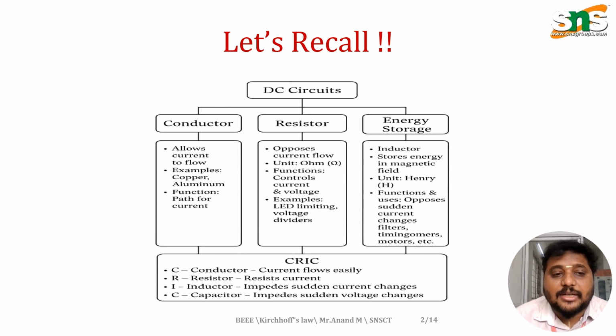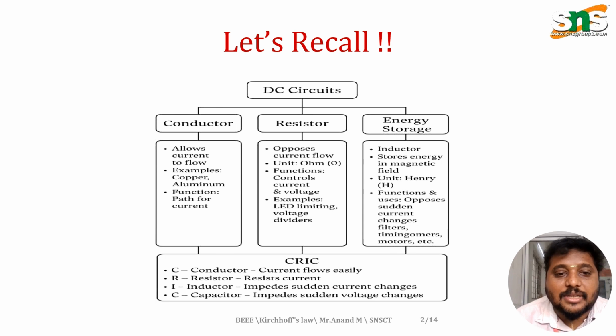A conductor allows the current to flow from one circuit to another, from left to right or from energy source to load. Examples: copper and aluminum are the major conductors, and the function is to provide the path for current. It is the conductor that is used to transmit the current from one direction to another.